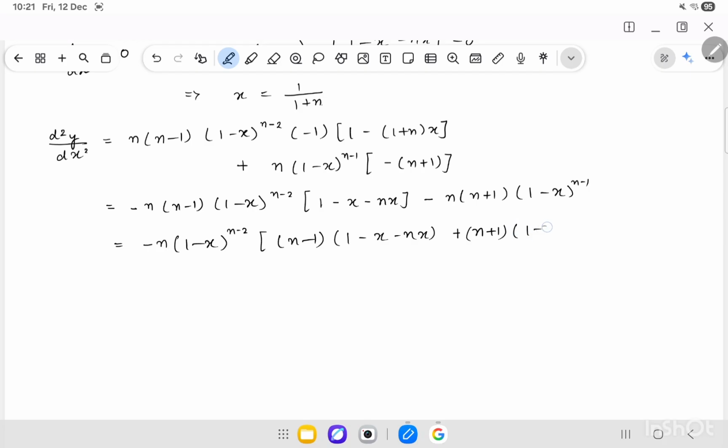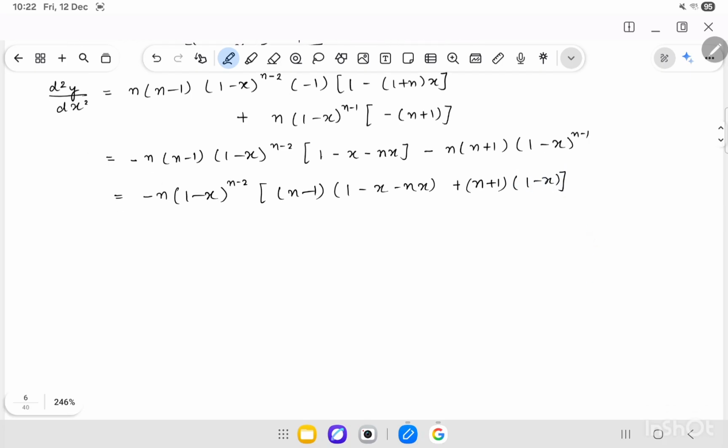This simplifies to minus n(1 minus x)^(n minus 2) times (n minus nx minus n square x minus 1 plus x plus nx plus n plus 1 minus nx minus x).